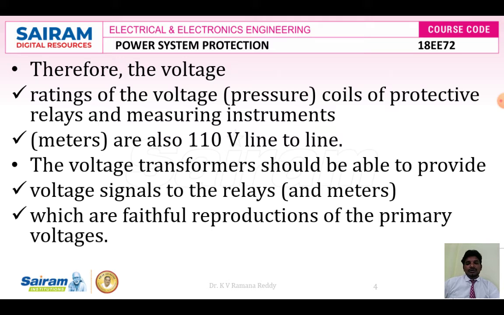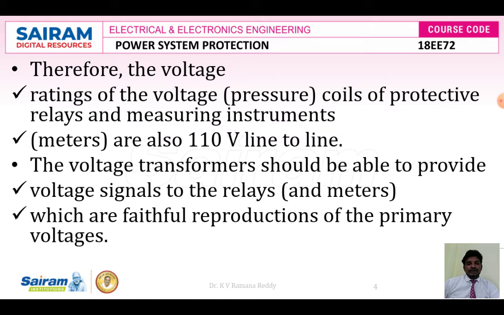And therefore the voltage ratings of the voltage coil or pressure coil of protective relays and measuring instruments also have 110 volts, that is line to line. Therefore the voltage transformer should be able to provide voltage signals to the relays which are faithful reproductions of the primary voltages.